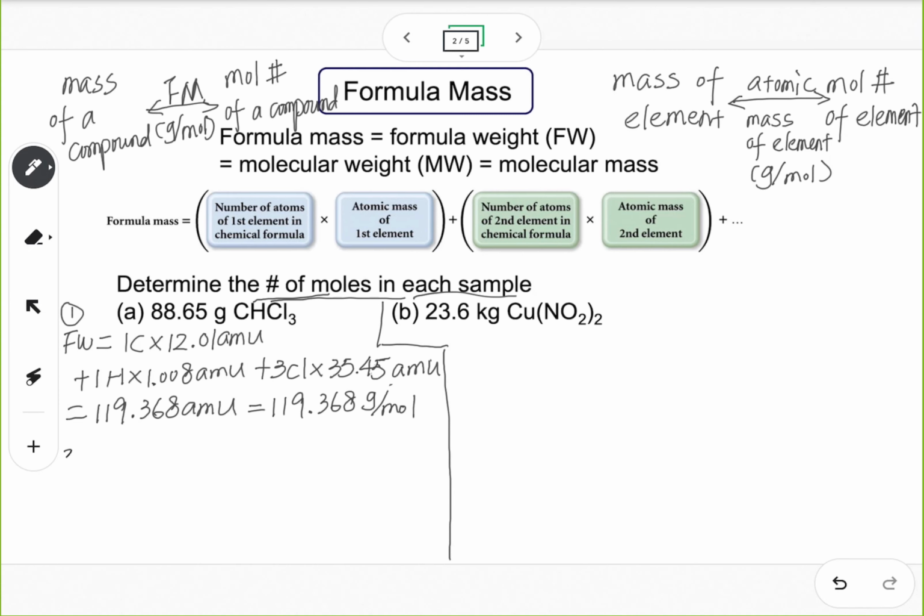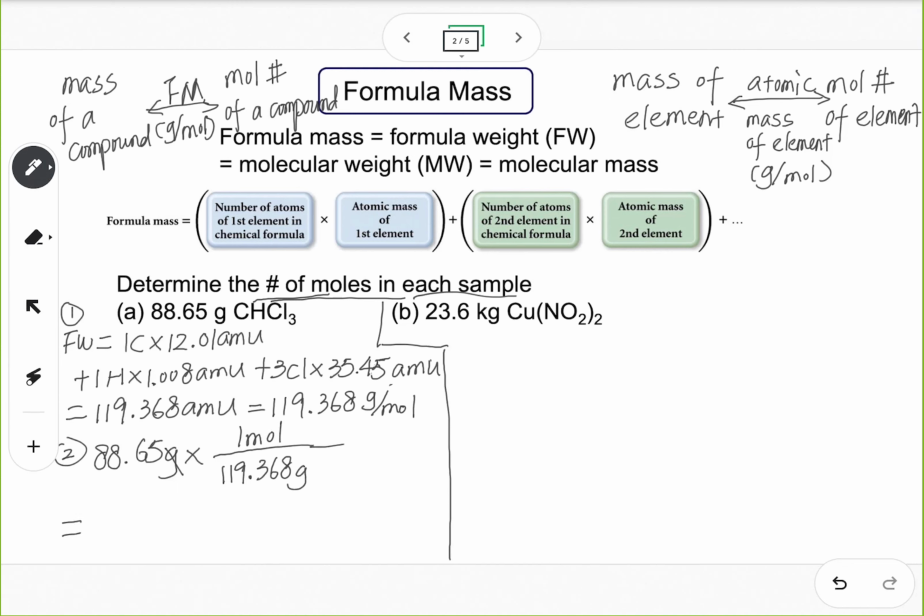Now this is the first step, the formula mass of CHCl3. The second step is to convert the mass of CHCl3 to the mole number of CHCl3. So you have to use the mass, 88.65 gram times, and it's time for us to use formula weight. Since we want to cancel the gram, we should have 119.368 gram at the bottom and 1 mole on top.